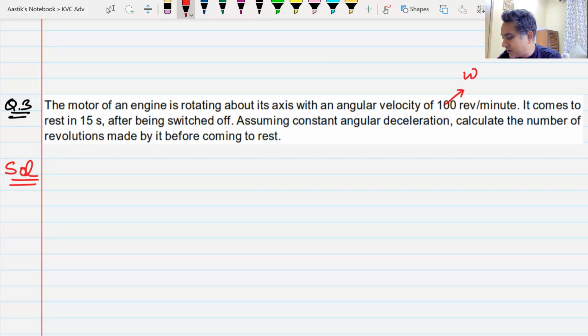This is omega 1 given to you. It comes to rest, so omega 2 is 0. Time is given to you. Omega 1 given. Time given. Omega 2 given. Constant angular deceleration given. You had to find out the angular displacement.